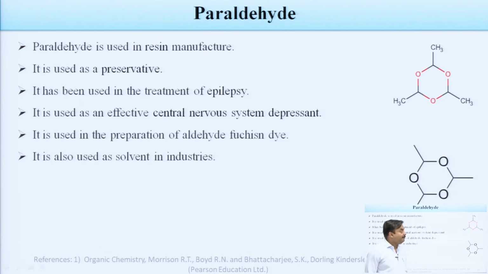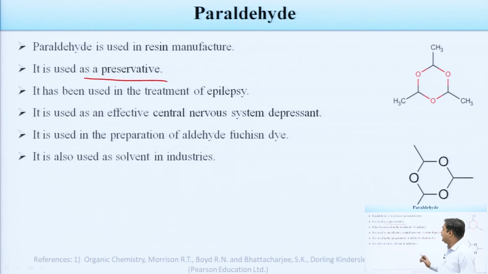Now, paraldehyde is also used in resin manufacturing, as we have seen in the case of formaldehyde: phenol formaldehyde resins, urea formaldehyde resins. So, paraldehyde can also be used in resin manufacturing. It is also used as a preservative.